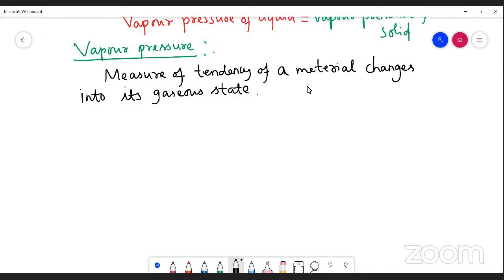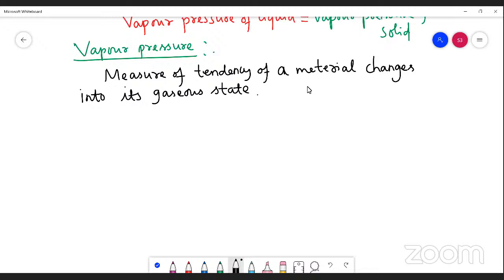Vapor pressure is a measure of the tendency of a substance to be converted into its gaseous state.